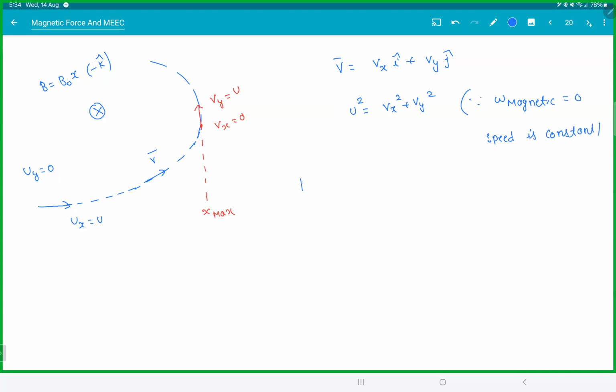And we know force is equal to qV cross B. And this can be written as mass into acceleration ax i cap plus mass into acceleration ay j cap, and qV cross B, this will be qVx B naught x, that is i cross minus k, i cross minus k is j, plus qVy B naught x, that would be j cross minus k, so that is minus i.